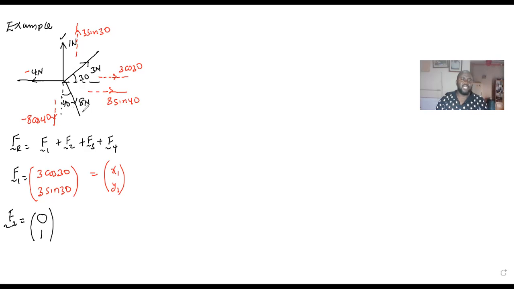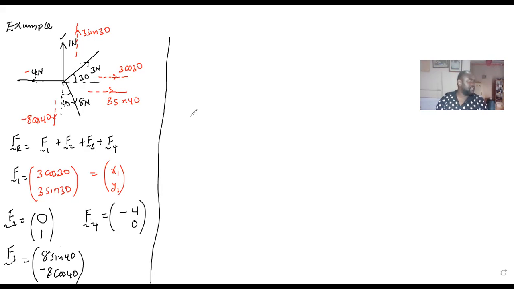When you come to 8, which is force 3, it has 8 sine 40, negative 8 cos 40. And lastly, we have force F4. F4 is going to be negative 4, 0.